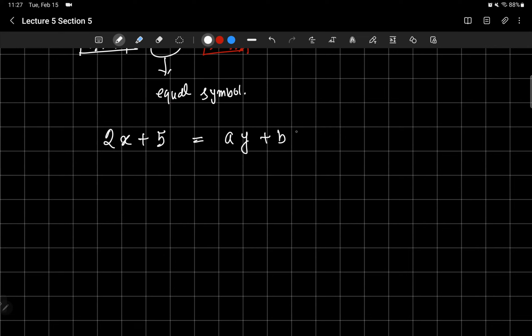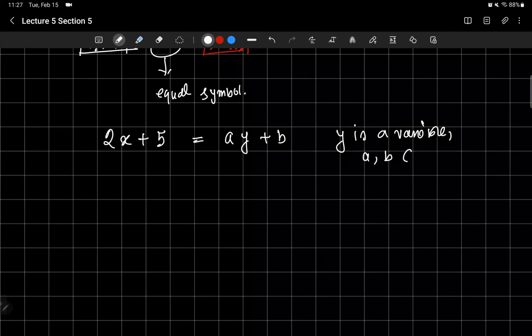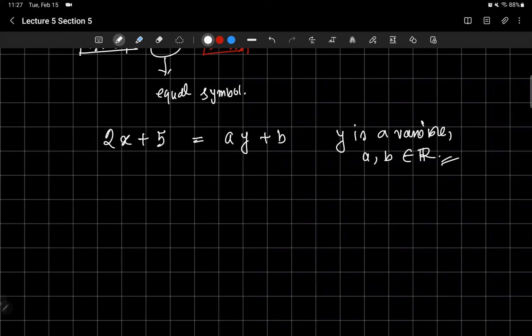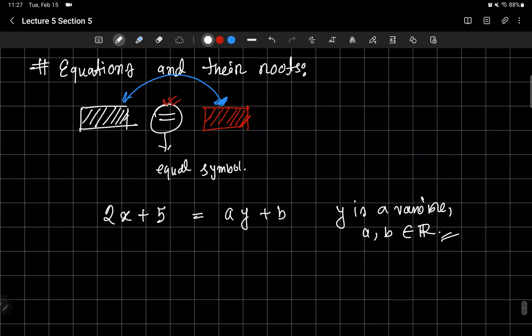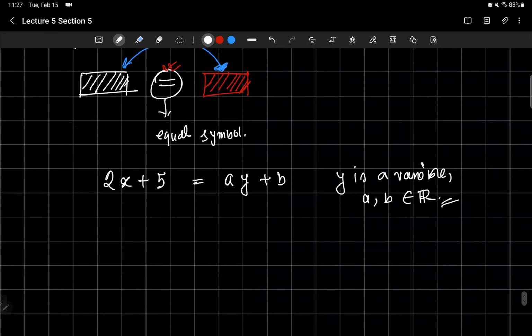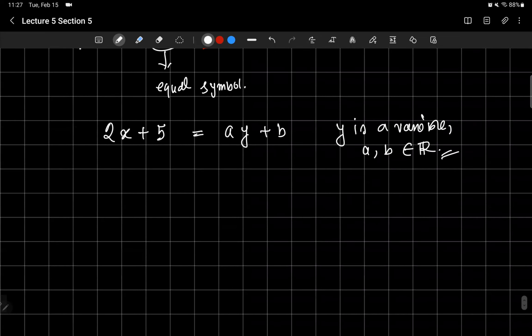And what I'm telling you is that in the expression on the right hand side, y is a variable. A and b are constants, or so to say, they belong to the real numbers. So can you tell me, by using the definition of an equation, what is a and b and what is y?